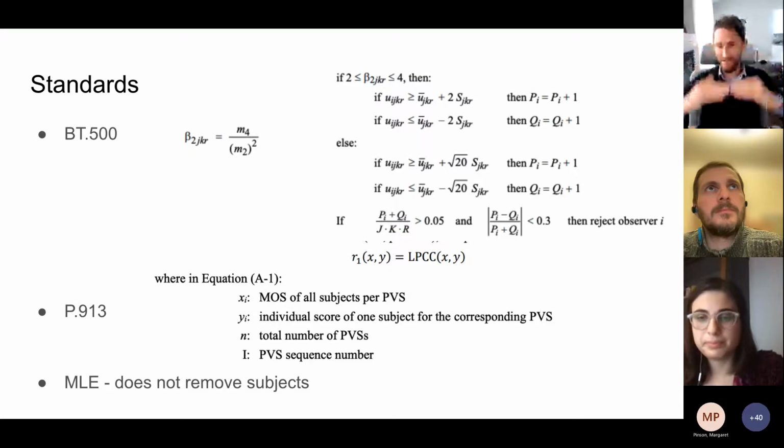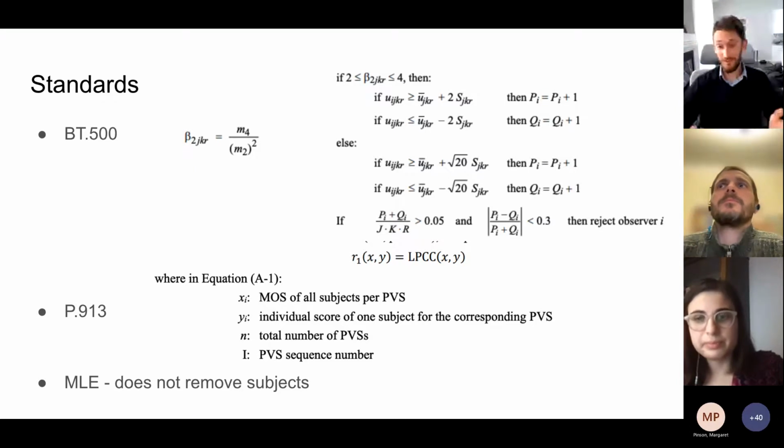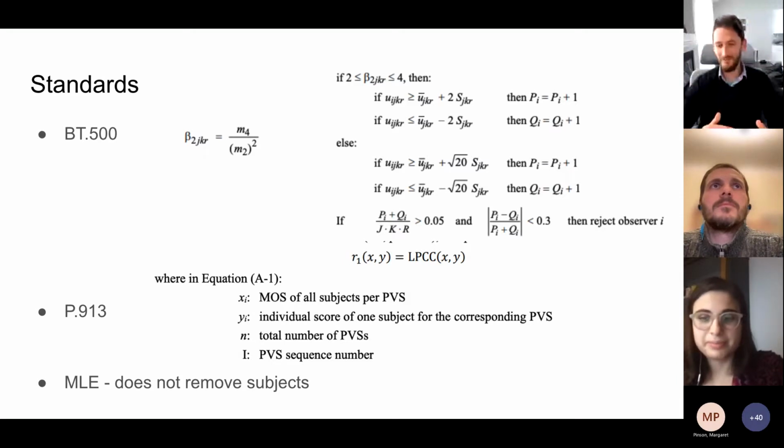If there is a bias, you will not discard this participant, because you say, well, they are biased, and I don't really want to touch them. That's what BT500 does. When you remove the bias, then you can end up in the same situation. So that is just the way. Indeed.